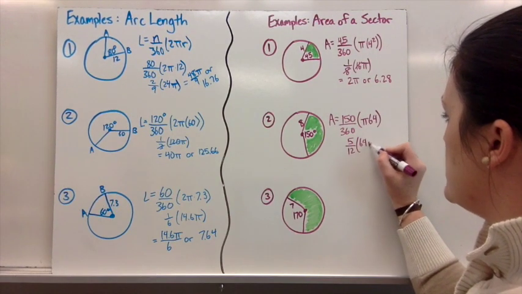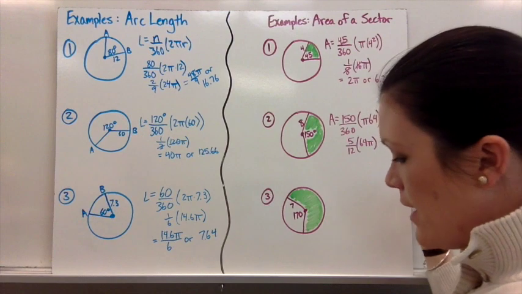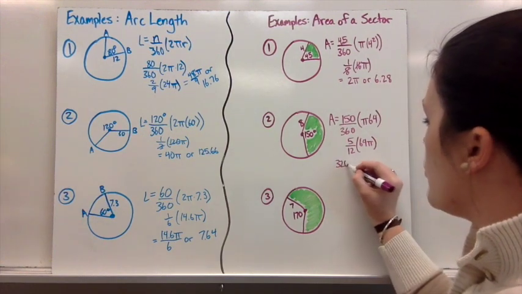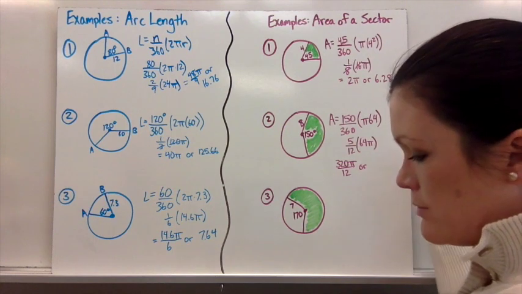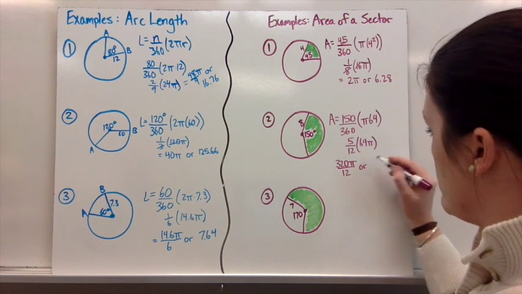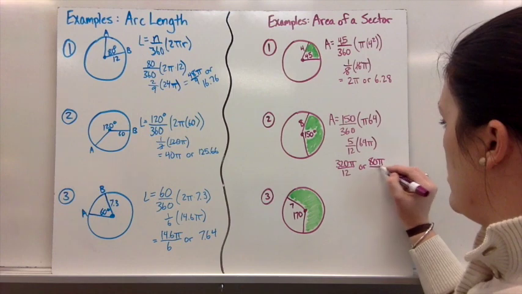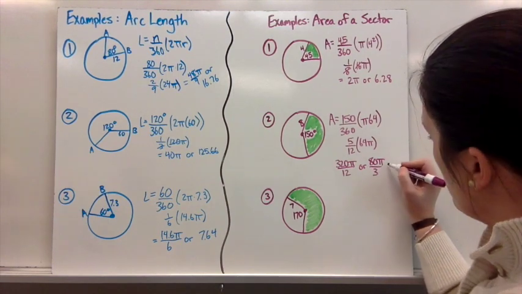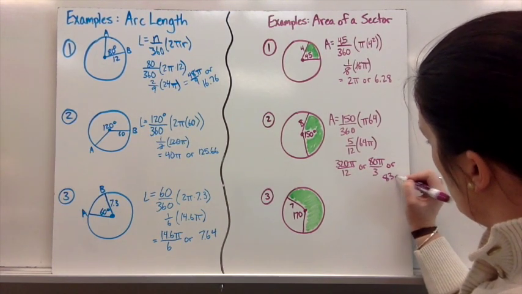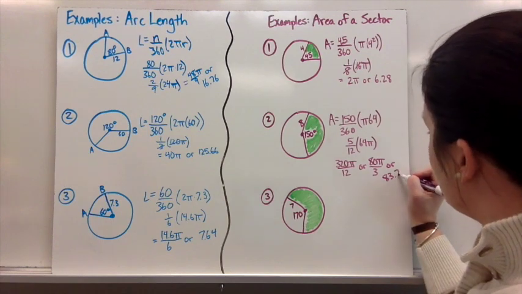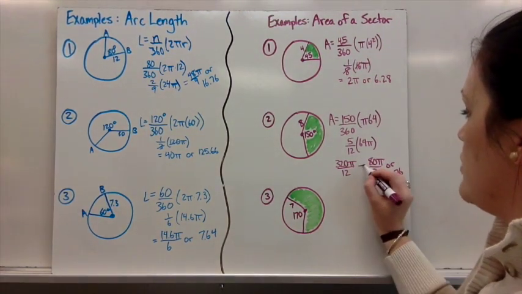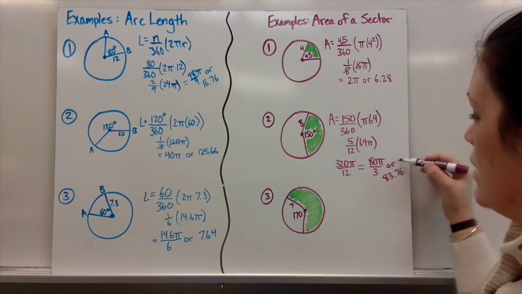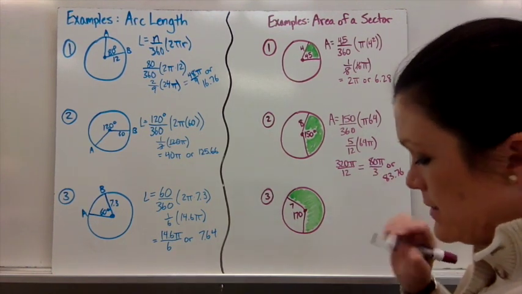We still have 64 pi. And then that comes out to be 320 pi over 12, and that reduces to be 80 pi over 3, which is 83.76. So you'd want to reduce it. I would say you definitely want to get it to 80 pi over 3 or 83.76.